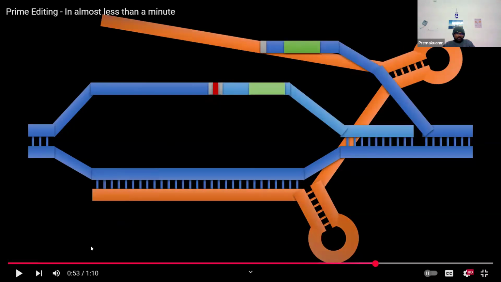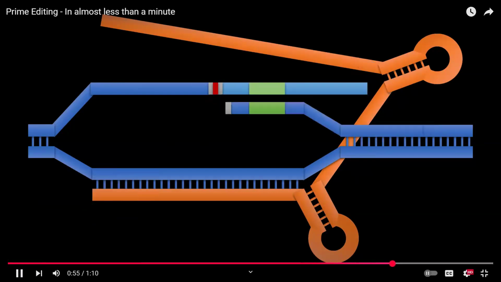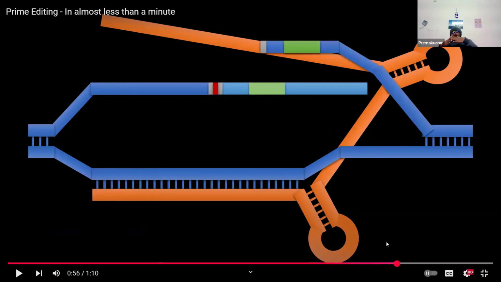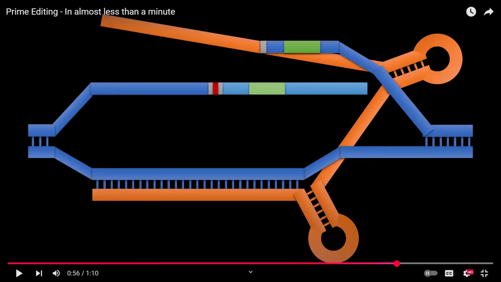See what happens: it will create the flap. Then a particular mechanism will remove that flap, so that your original DNA strand will be removed. The flap will be cut, like the flap endonuclease enzyme you heard about in eukaryotic DNA replication. In the same way, it functions.